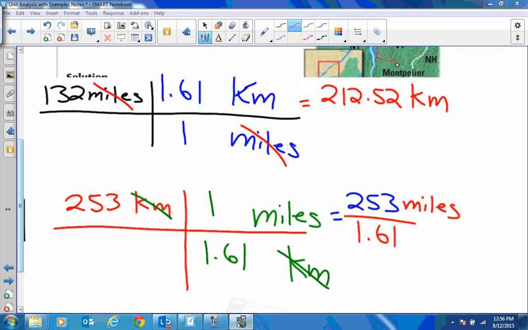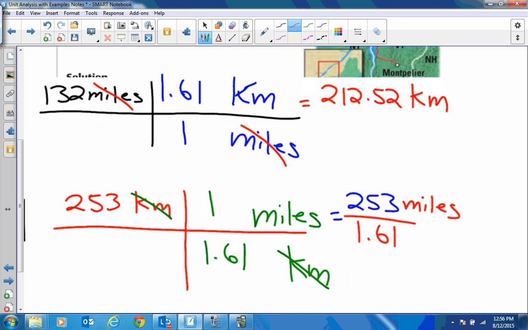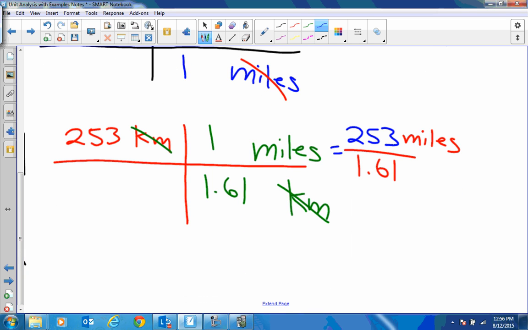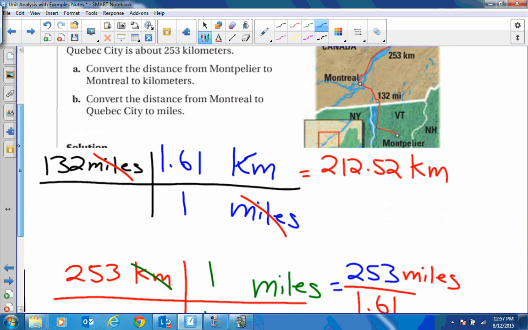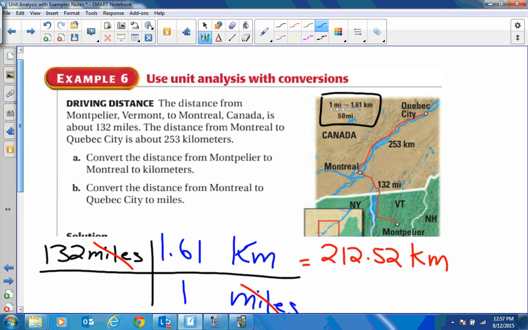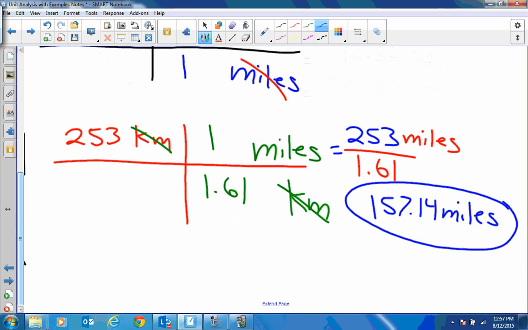So 253 divided by 1.61 equals about 157.14 miles. And that would be your answer. Okay? So that's how you do that. But the main thing is always start with the unit you have and then always put it on the bottom on the next slot, diagonal from it, so it crosses out. If you do that every single time, you should be fine.